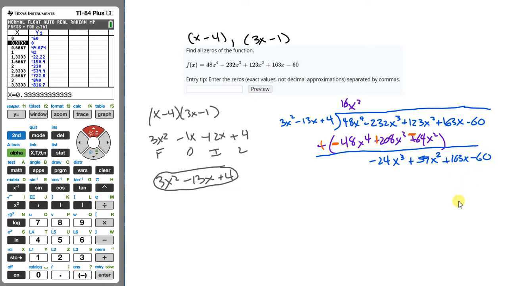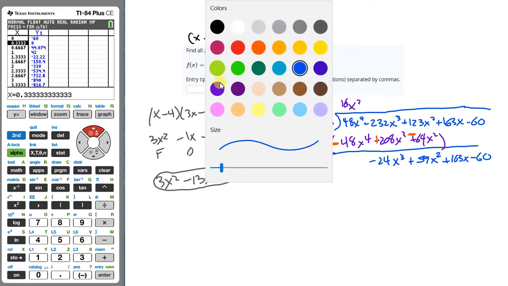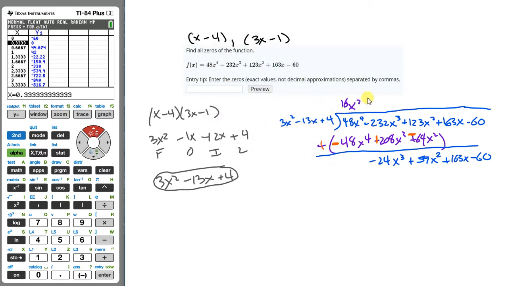And now, how do I make a 3x squared look like a 24x cubed? Well, how do you make a 3 look like a 24? Multiply by negative 8, right? Because 8 times 3 is 24, and then I need another x. So negative 8x times 3x squared is negative 24, and the x squared times x is x cubed.